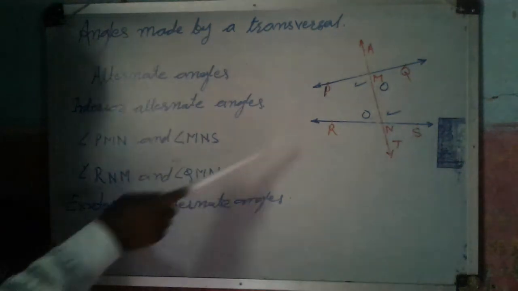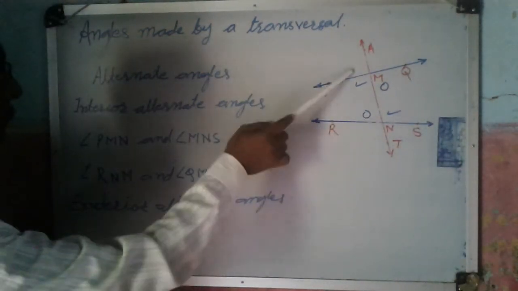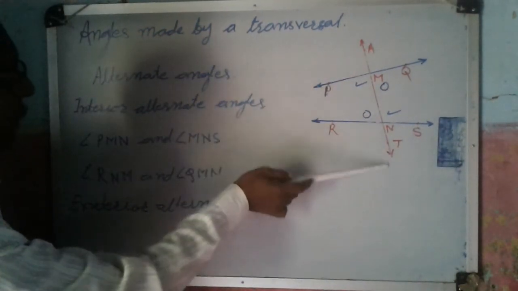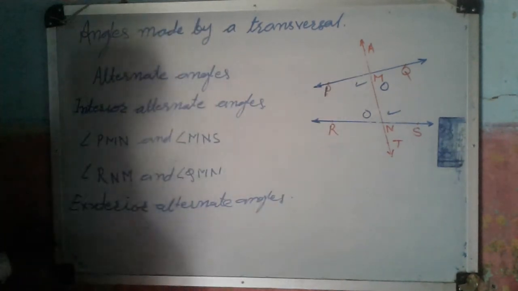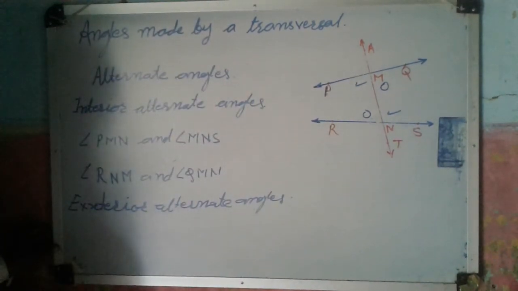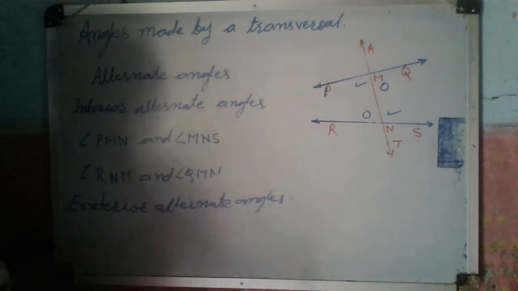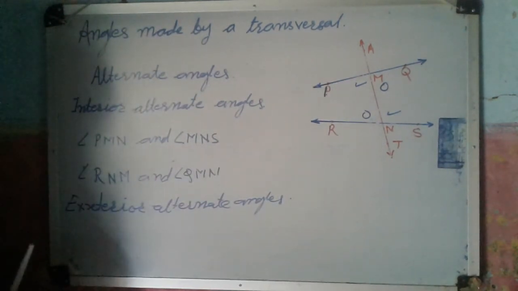Exterior means the angles which are outer, on the outside of the two lines, and they are on opposite sides of the transversal. There are also two pairs.